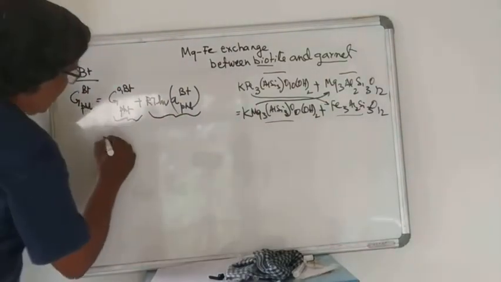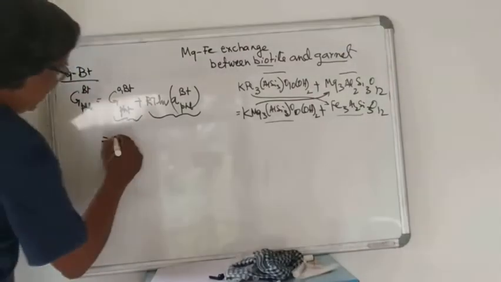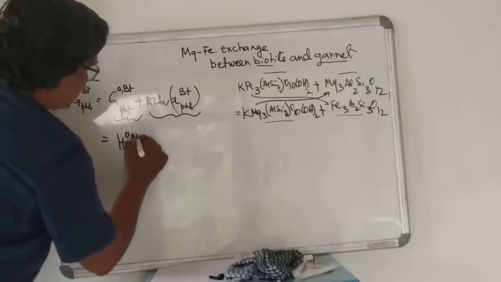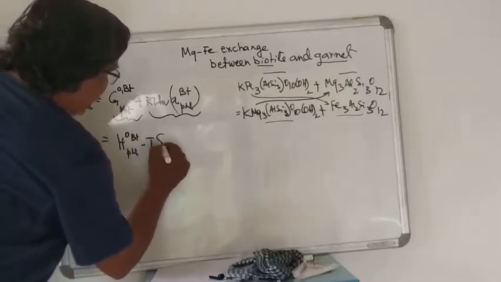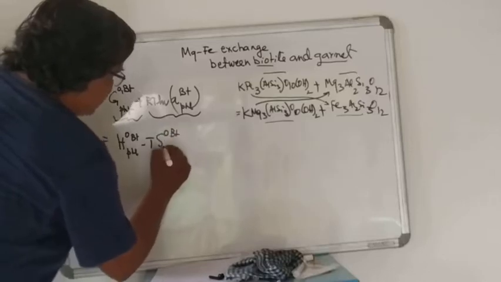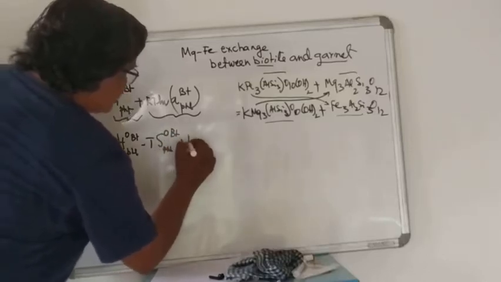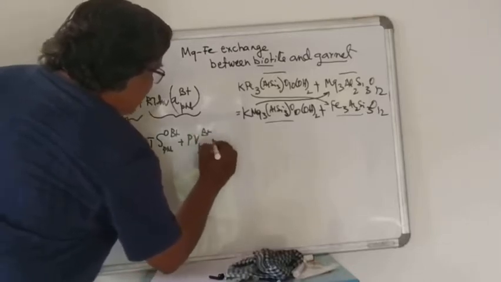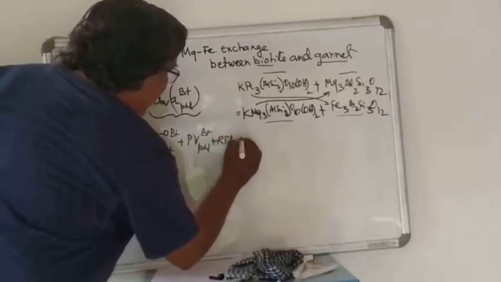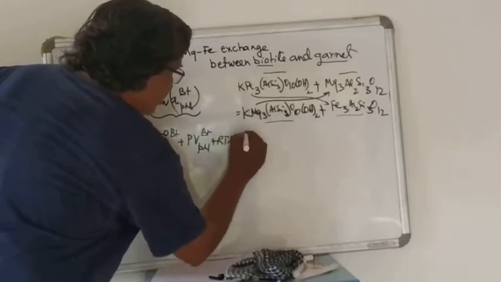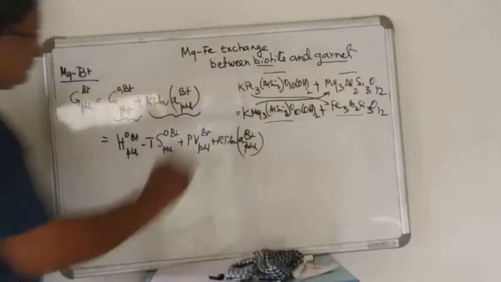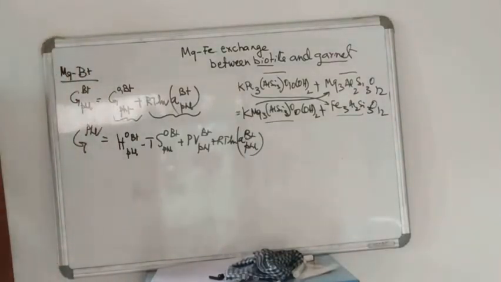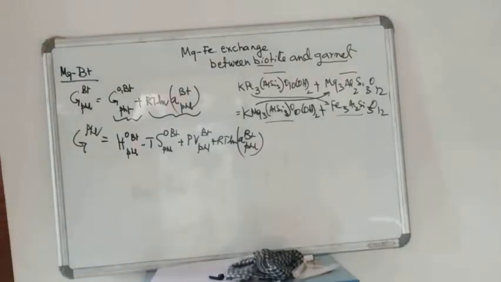We write G0 as a very simplified equation, where you write H0 of phlogopite in biotite, minus T S0 of phlogopite in biotite, plus P into V of phlogopite in biotite, plus RT ln activity of phlogopite in biotite. This is the equation for G phlogopite. Have you understood?